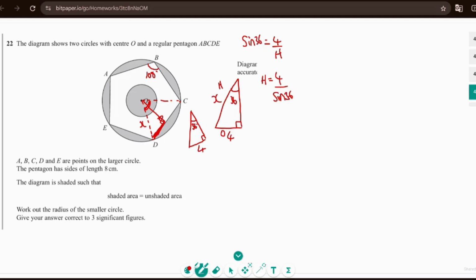So my radius of the big circle is equal to, I'll carry forward some decimal places so I don't lose accuracy, 6.8052.